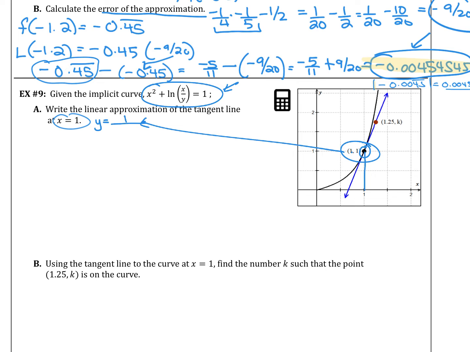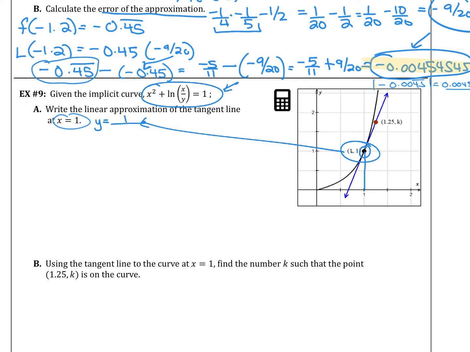We know that the graph of the function is concave up because the blue tangent line that intersects at (1, 1) is below the curve. So the curve is concave up at (1, 1). We want to write the linear approximation of the tangent line.